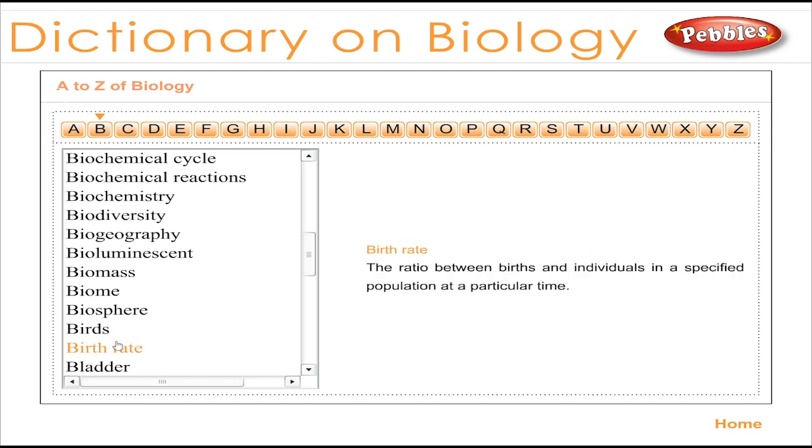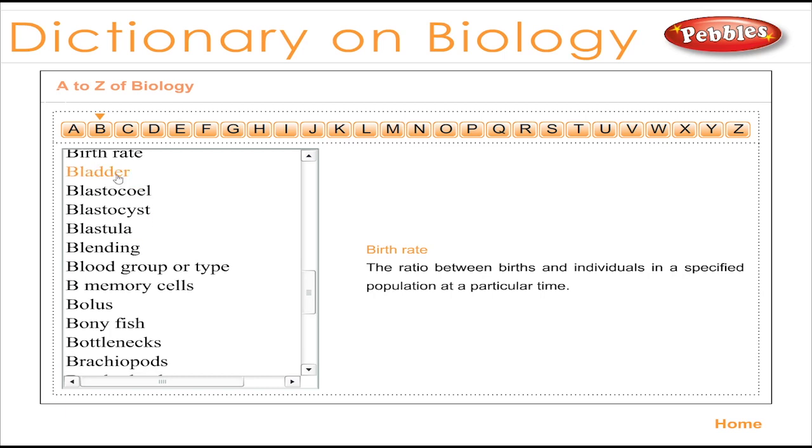Birth rate, the ratio between births and individuals in a specified population at a particular time. Bladder, a hollow, distensible organ with muscular walls that stores urine and expels it through the urethra.